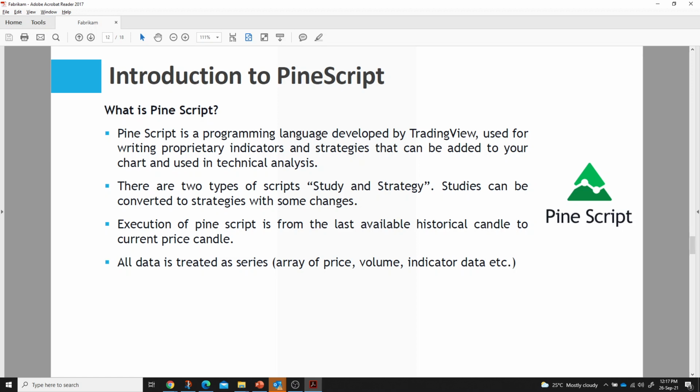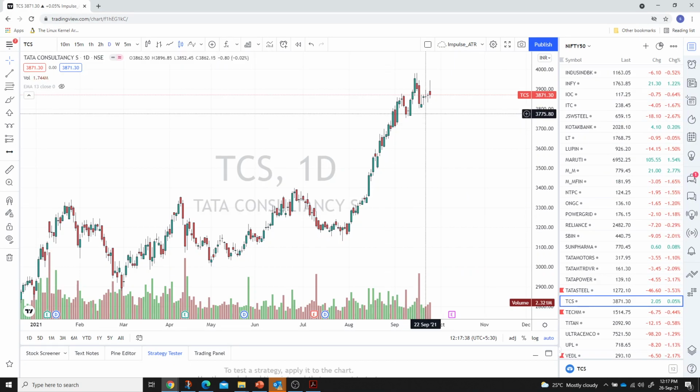I.e., you have price minus 1, price minus 2, price minus 3, price minus 4, and so on till the oldest candle. Similarly, volume. Similarly, intermediate indicator data you calculated. Everything is treated as a series. And you can apply combinations of this.